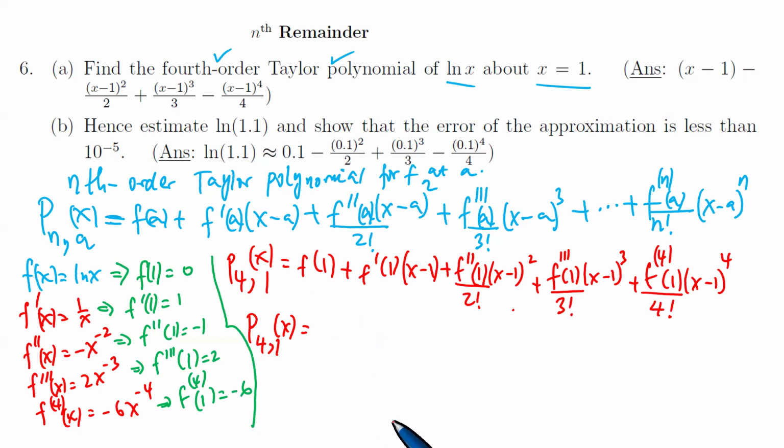Right, so it means therefore now we've already got F of 1, which is 0. F prime is a 1. F double prime is a negative 1. You have X minus 1 squared. Triple prime is a 2.